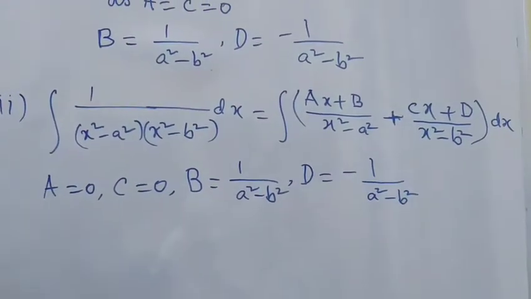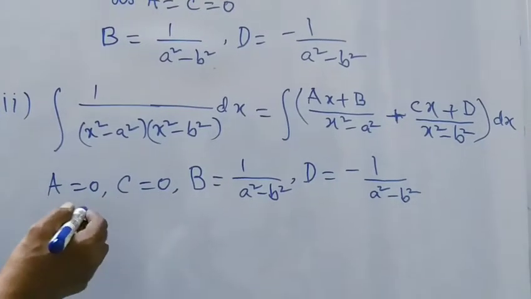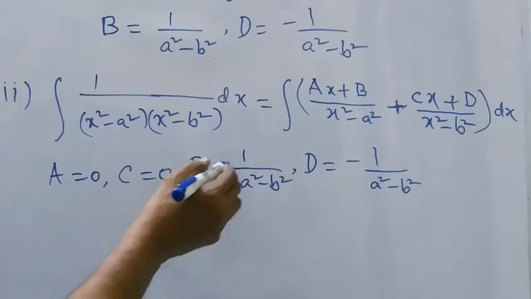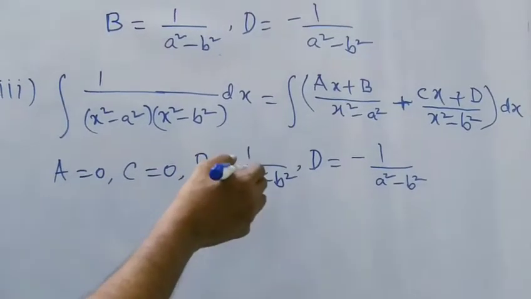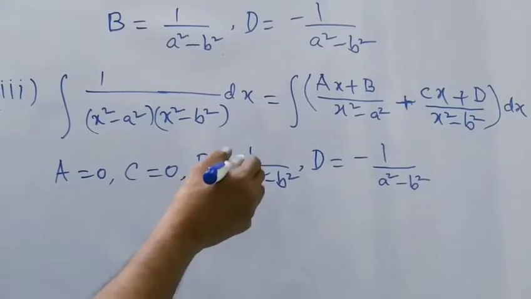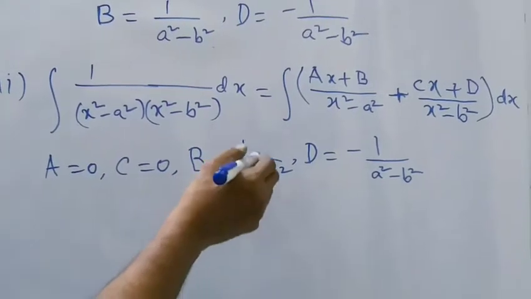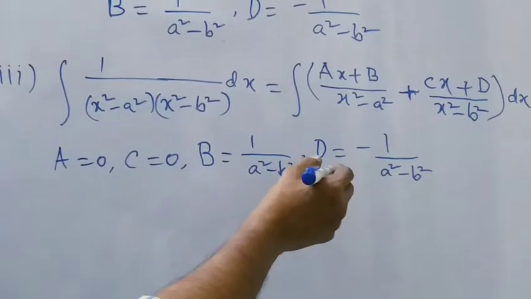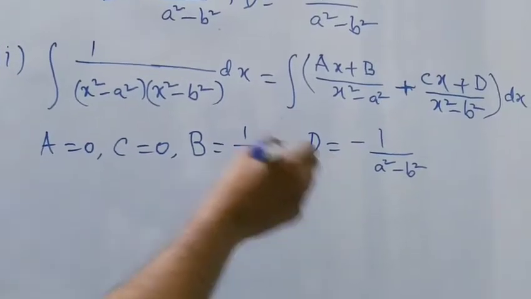After partial fractions simplification, we got a is equal to 0, c is equal to 0, b is equal to 1 by a square minus b square and d is equal to minus 1 by a square minus b square.